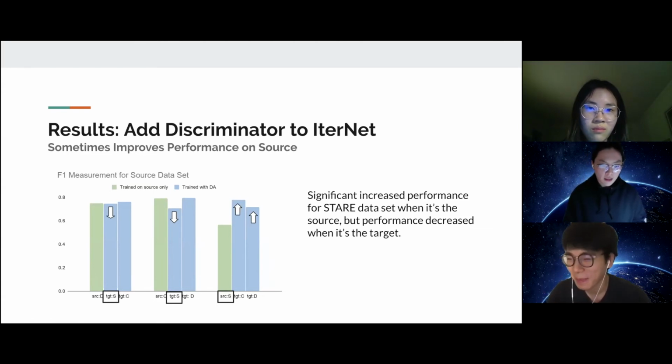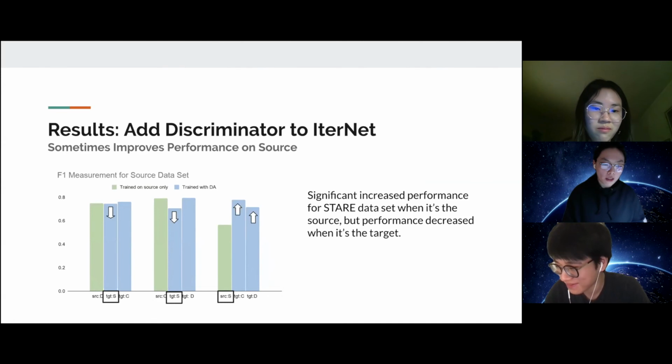We observed significantly increased performance for the STARE dataset when it is the source, but performance decreased when it is the target. One possible reason for this is that the images in STARE are much more distinct than the other 2 datasets. The blood vessels labeled in STARE are simpler, and there are fewer thin, detailed labeled vessels.